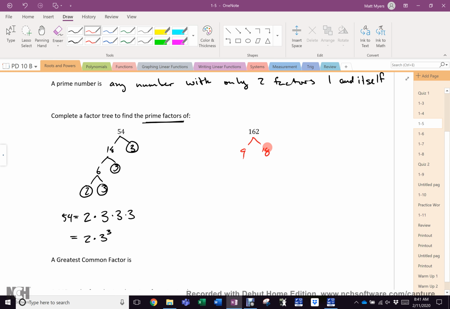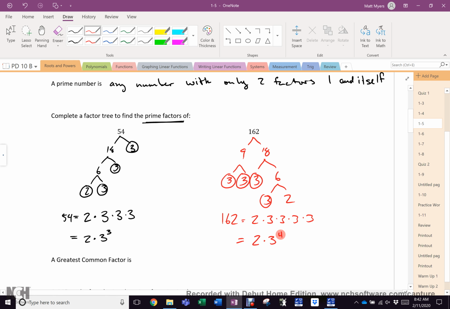There is no right first two factors to use, as long as they are factors of the number you are factoring, okay? So, I went with 9 and 18 just to be difficult. You all went with 2 and 81. Keep breaking it down. 3, 3, there's my 2 primes. 3, there's another prime. 6, that's not prime. 3, 2, and we get 162 equals 2 times 3 times 3 times 3 times 3, which, of course, is 2 times 3 to the 4th. Yeah?